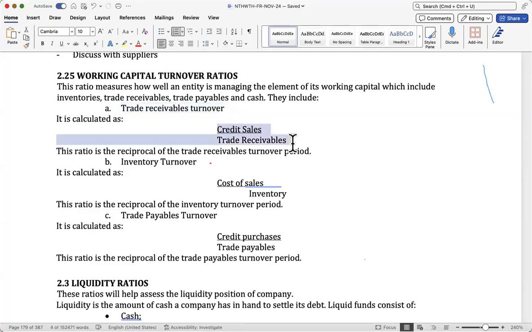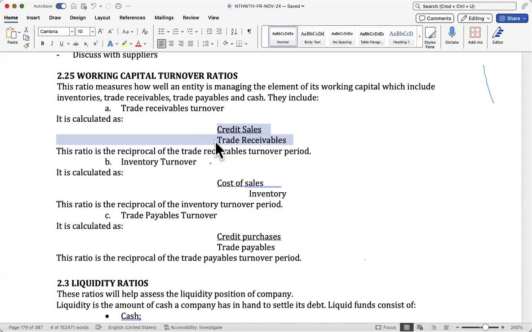This one is now credit sales over trade receivables, unlike the receivables in days, which was trade receivables over credit sales. The same applies to inventory turnover, the reciprocal of the inventory turnover period, and trade payables turnover, the reciprocal of the trade payables turnover period.